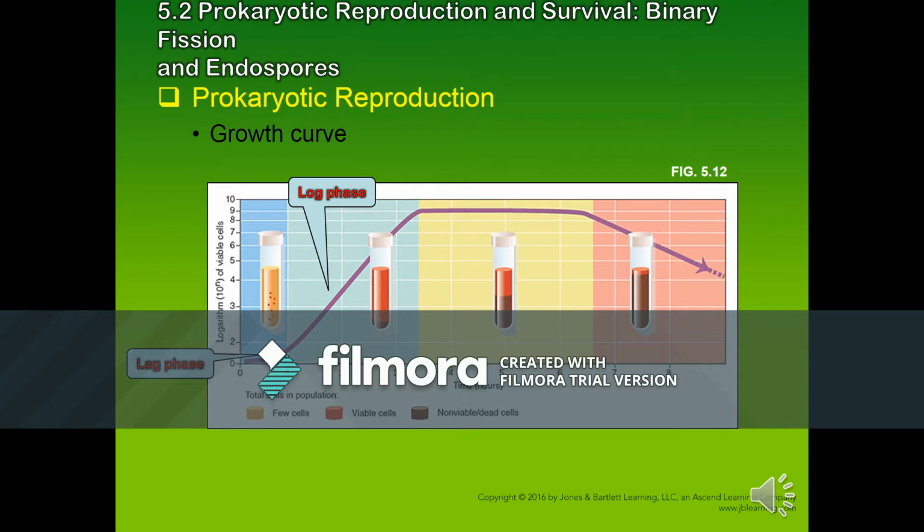Then you have the log phase, which is a straight line on logarithmic paper. Then you finally have a stationary phase, which is the point where cell number plateaus. And then you have the decline phase, where the cells start to die.